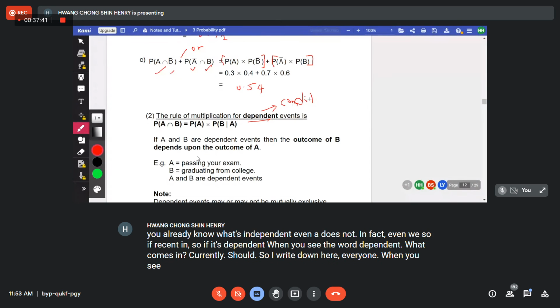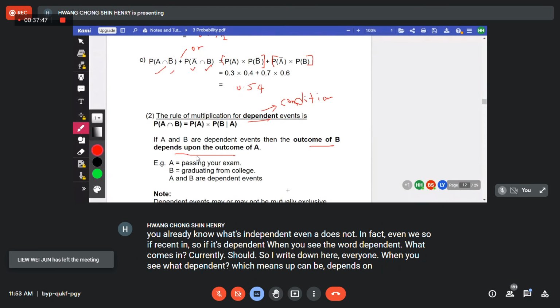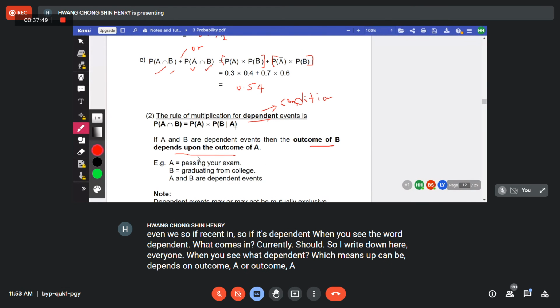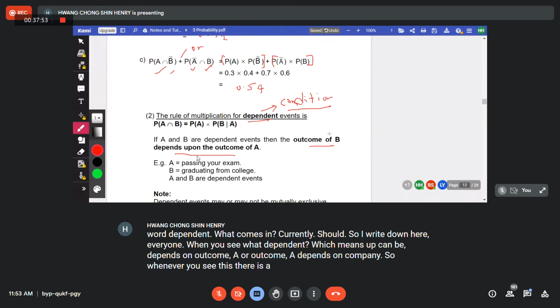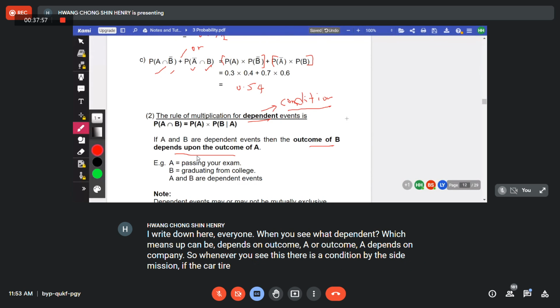When you see the word dependent, which means outcome B depends on outcome A, or outcome A depends on outcome B. So whenever you see this, there is a condition. Just like I mentioned, if the car tire puncture, it will affect what? Late to school or totally absent to school.